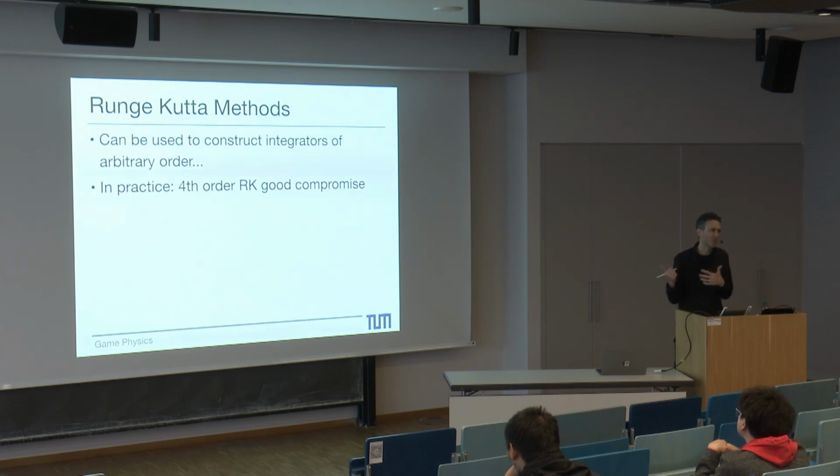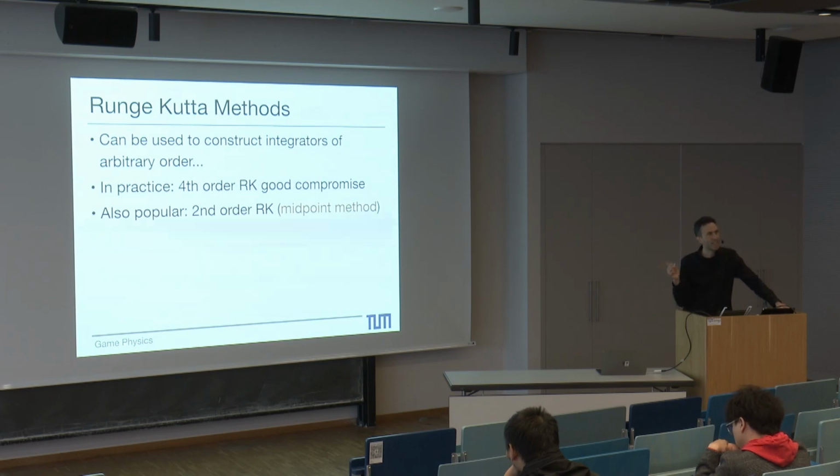So this fourth order was found to be a good compromise. If you run the Runge-Kutta algorithm and construct the second order method, then we actually exactly get this midpoint method. It was part of the fourth order method already, and it's still a nice generic way to look at these methods.